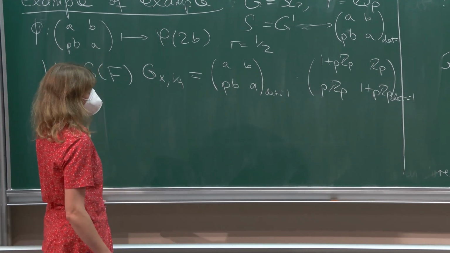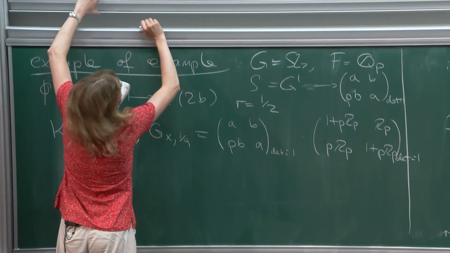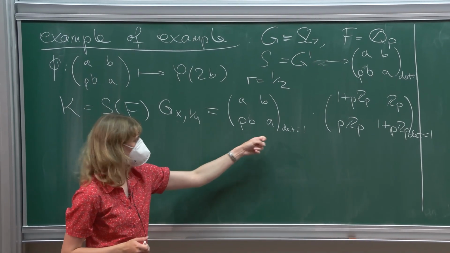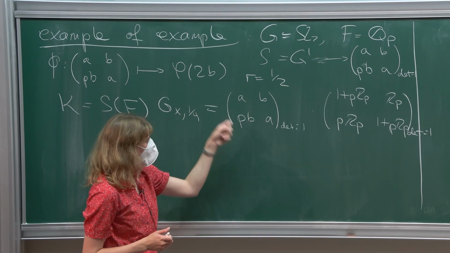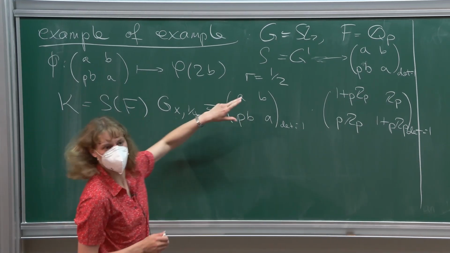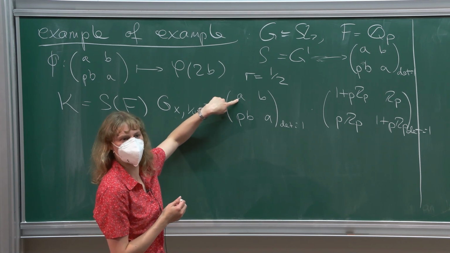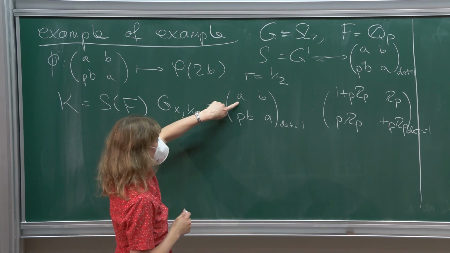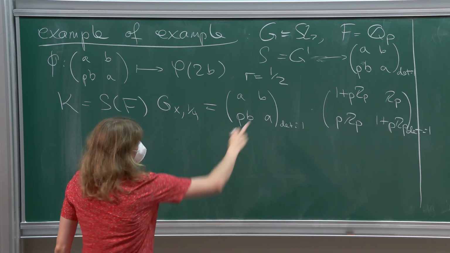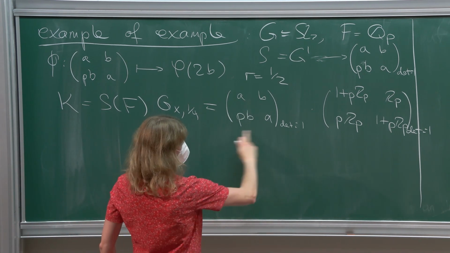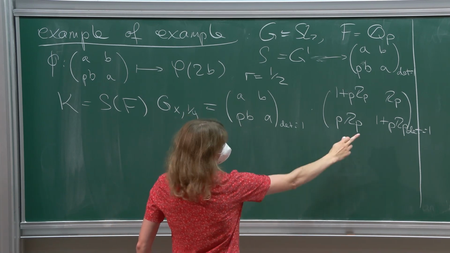And so what is actually the product? When you sit down and work out what the condition determinant equals 1 means, you realize that A has to be of the form plus or minus 1 plus something in pZ_p, and B has to lie in Z_p. So it turns out that almost all of this matrix lies already in here.